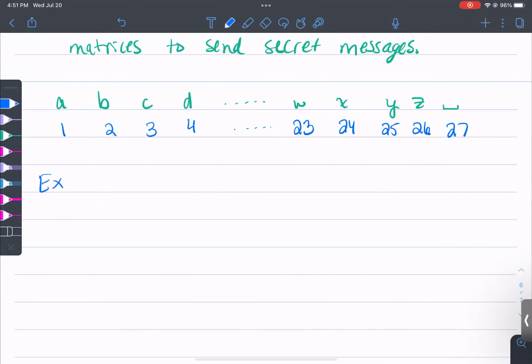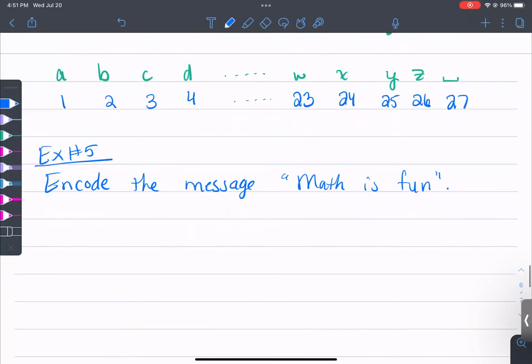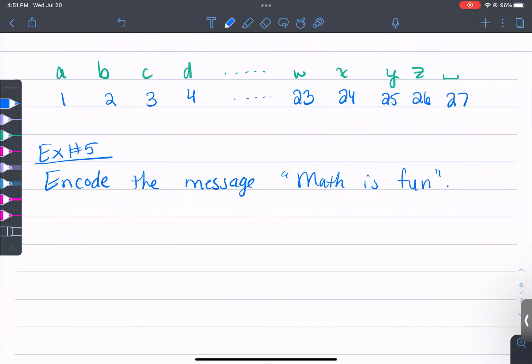So for this example, we want to encode, that means put something into code, the message, math is fun. We're obviously going to ignore case. So when we do this, we're going to work in groups of 3.